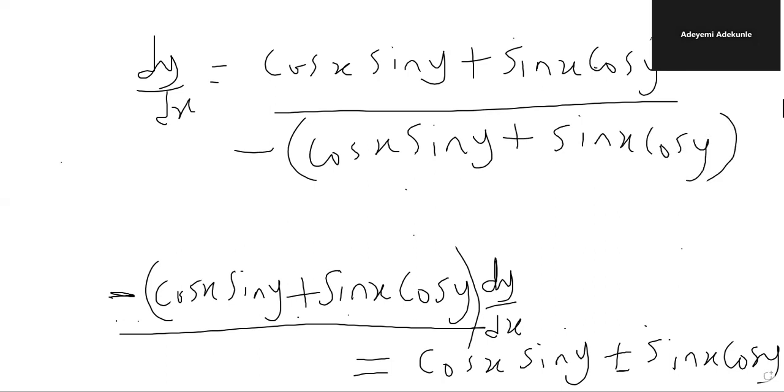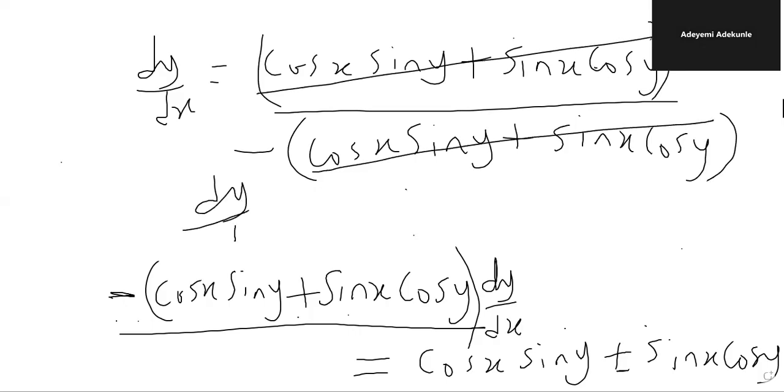If you look at it, you will see that the numerator and the denominator are the same. They look alike, right? So this can cancel this. We have our dy/dx to be equal to minus 1.